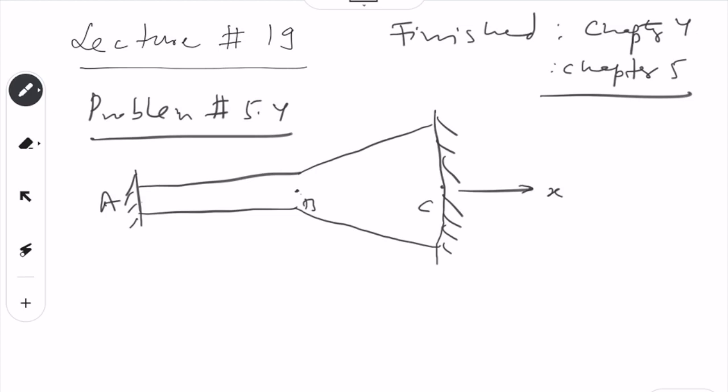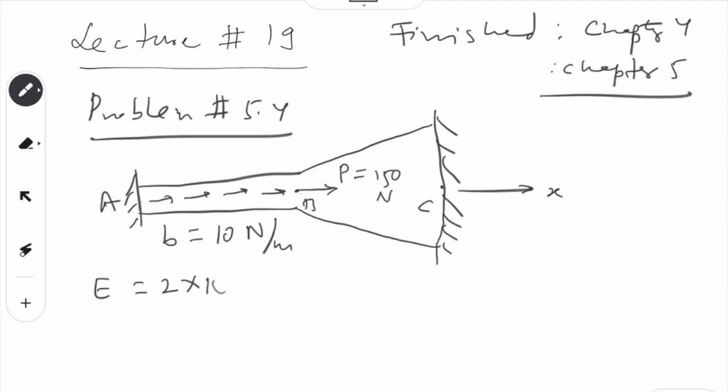There is a body force in the portion from A to B, given as 10 Newton per meter. There is a concentrated force applied at B, which is P equal to 150 Newton. E is given as 2 times 10 to the power 7 Pascal.